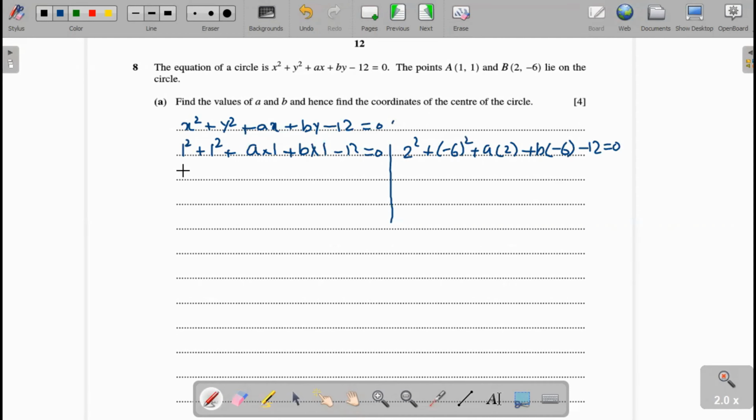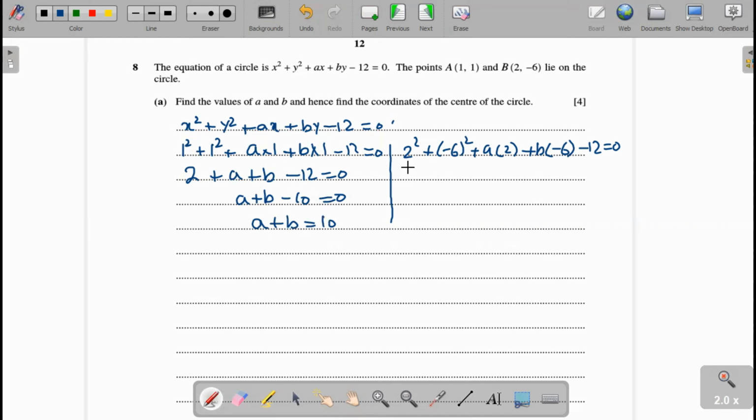Now we solve it. That is 1 plus 1, 2, plus a plus b minus 12 equal to 0. Now a plus b minus 10 equal to 0. Therefore, a plus b equal to 10.